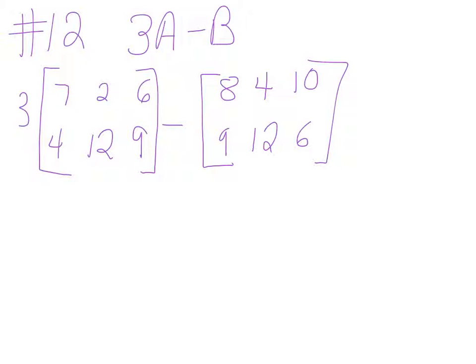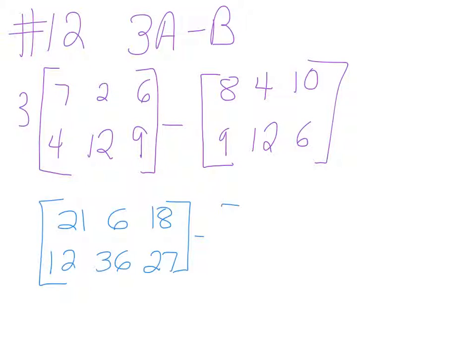Then you distribute 3 times the matrix A, which gives you 21, 3 times 2 is 6, 3 times 6 is 18, 3 times 4 is 12, 3 times 12 is 36, and 3 times 9 is 27.